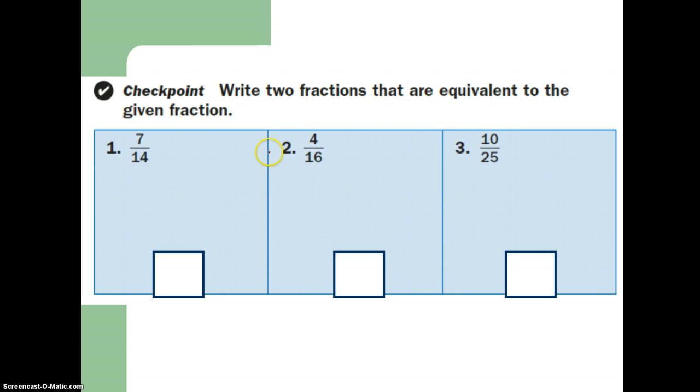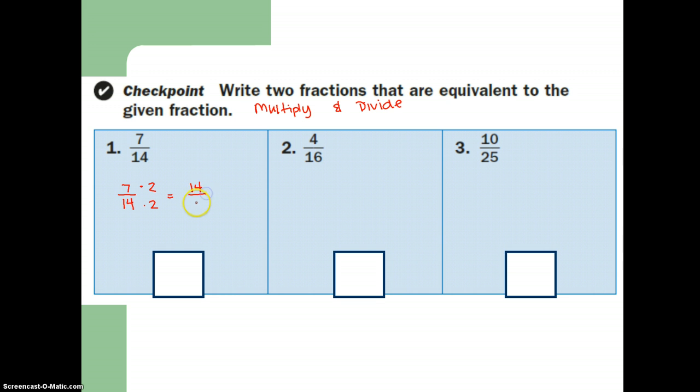For 1, 2, and 3, write two fractions that are equivalent to the given fraction. I would like you to multiply by one number and divide by one number. For number 1, your answers may vary depending on what you multiplied or divided by. I'm going to multiply by 2.